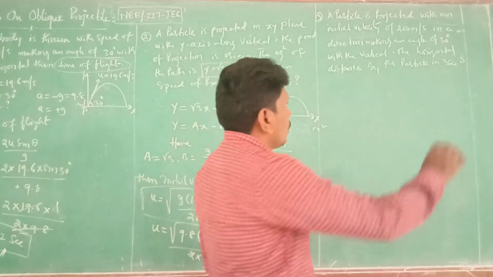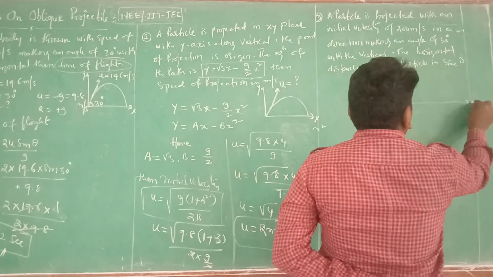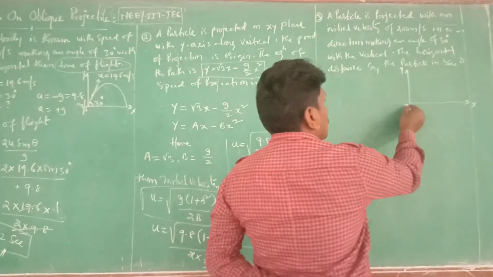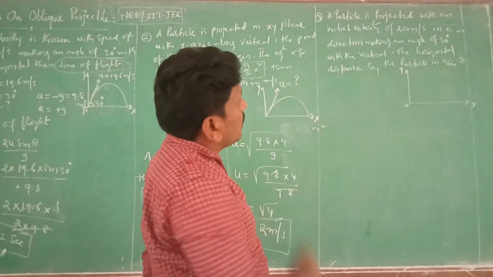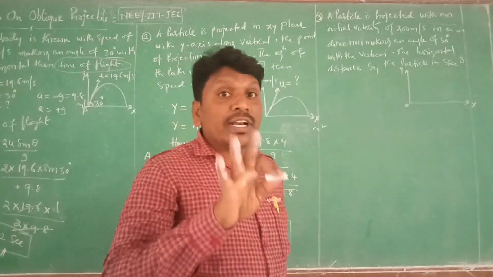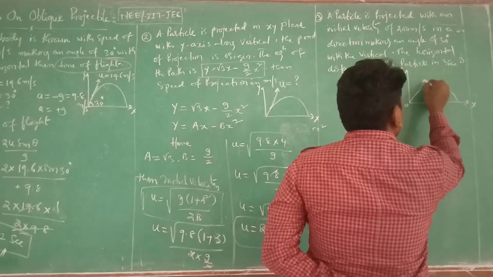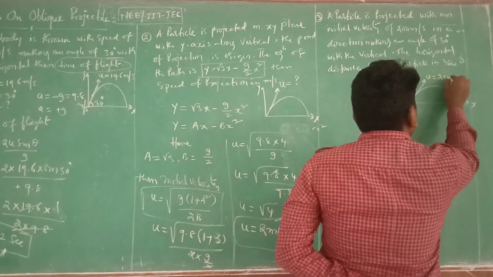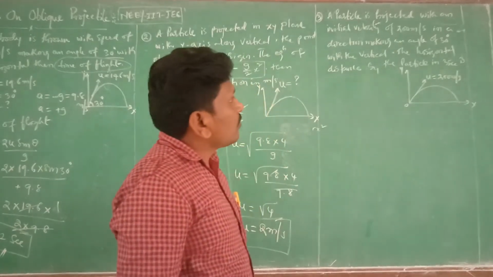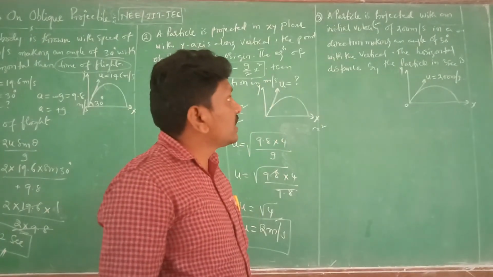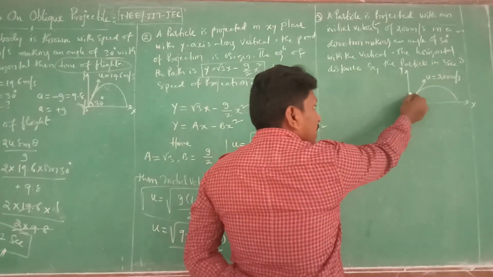Clear? So the diagram is very very important. There is x, y axis from the origin point. The particle is projected with an initial velocity u equal to 200 meter per second, in a direction making an angle of 30 degrees with the vertical.